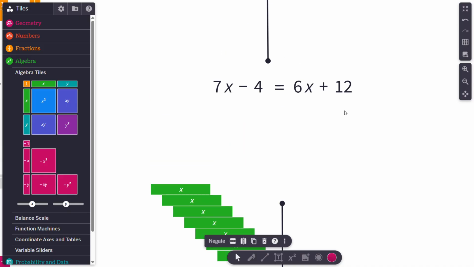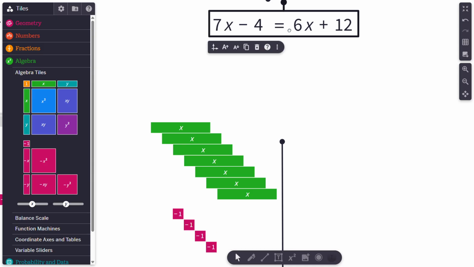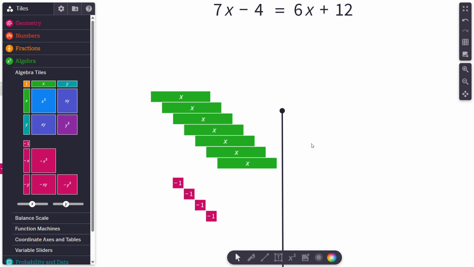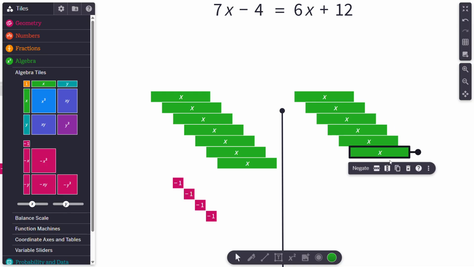And the other side is going to be 6x plus 12. So get these 6x's in there. And then we get these 12's in here.